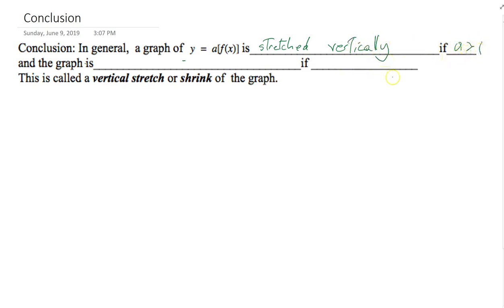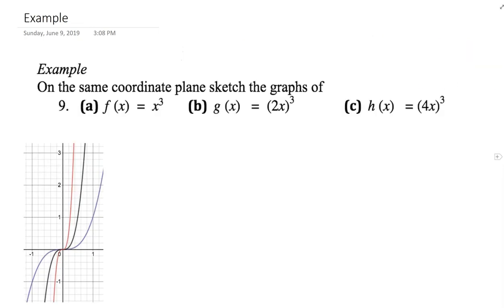And if we looked at some other examples where a was between 0 and 1, we would have found that the graph was shrunk vertically. If you're multiplying the function by some fraction, it will be shrunk vertically.